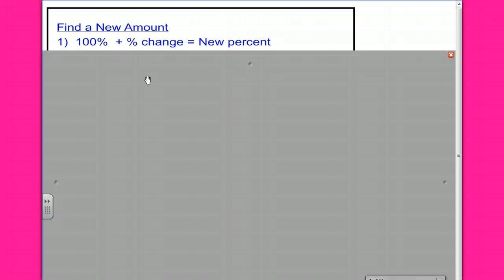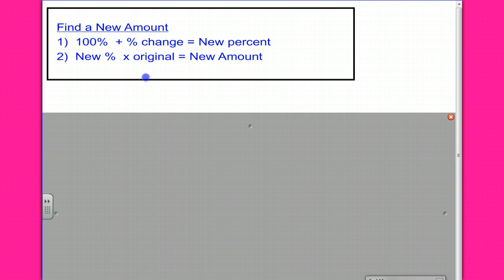So if somebody says there's a 2% change, then I would take my 100% and add the little 2%. 100 plus 2 is 102%. And then, as we've already learned, we can multiply a percent to an original to get a new amount. If you want to know 102% of $35 or whatever, you just multiply. You multiply 1.02 times 35.